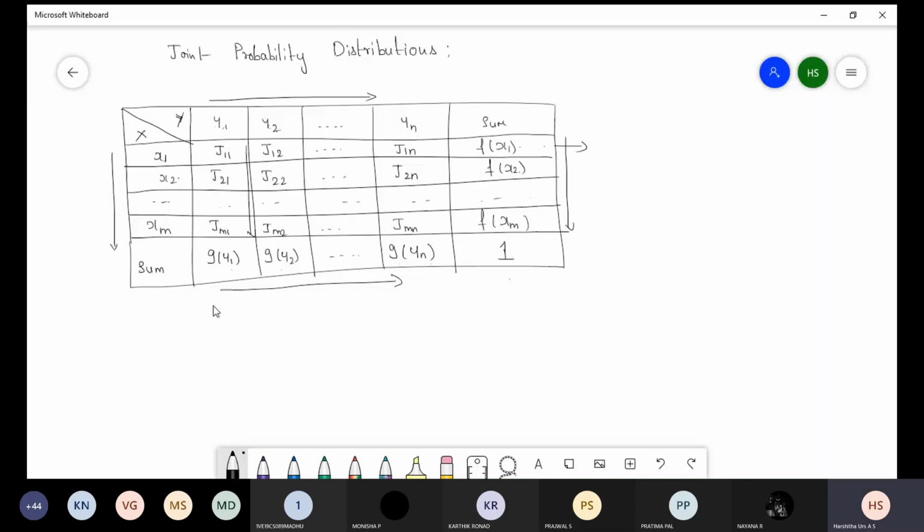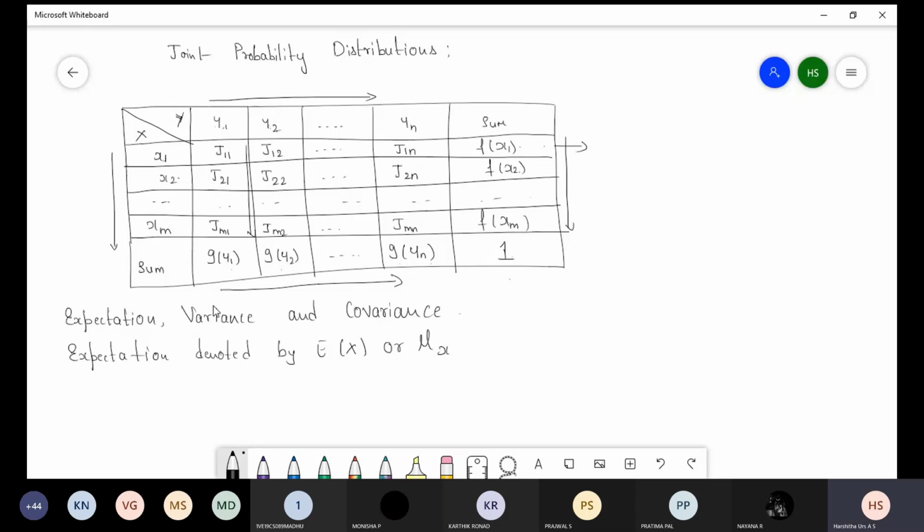Some of the formulas we will see. Expectation, variance and covariance. Expectation is denoted by E of x or mu x.